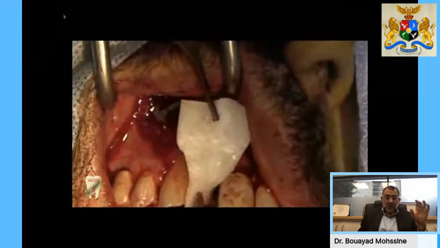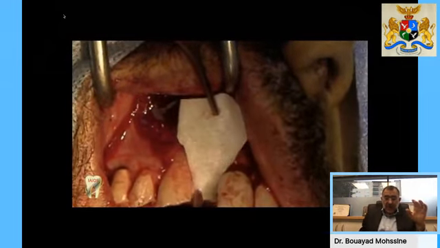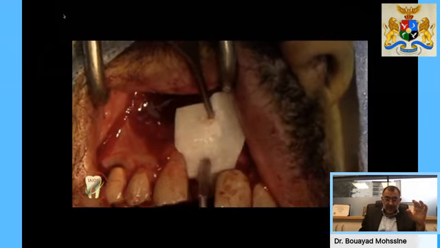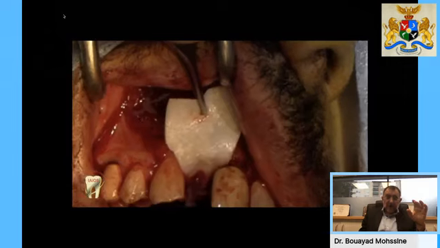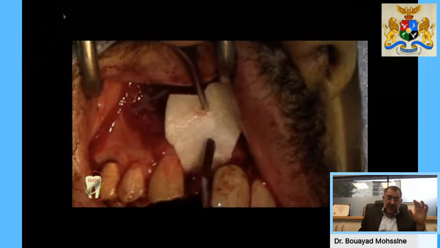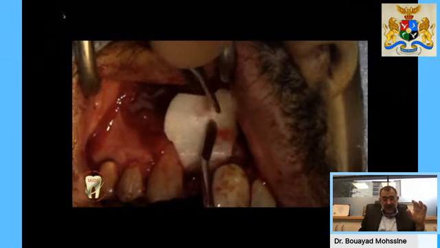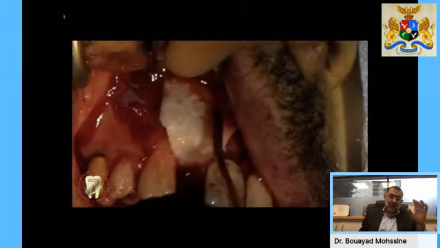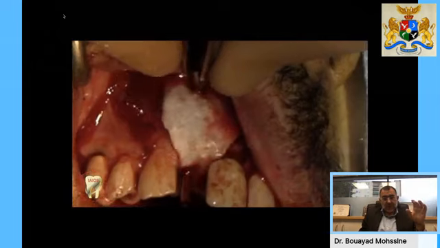We also place a collagen membrane, a bioguide membrane, over the bone grafting to ensure that it's hermetic, and we fix it with two screws.